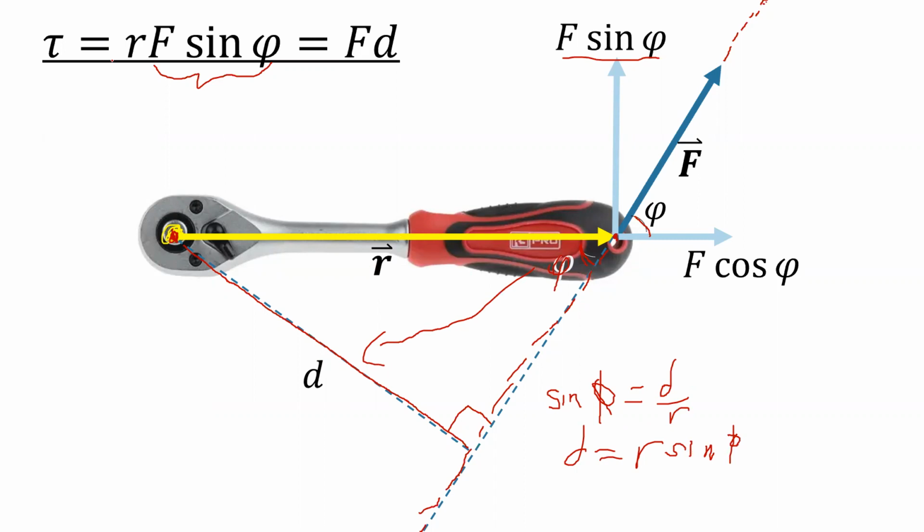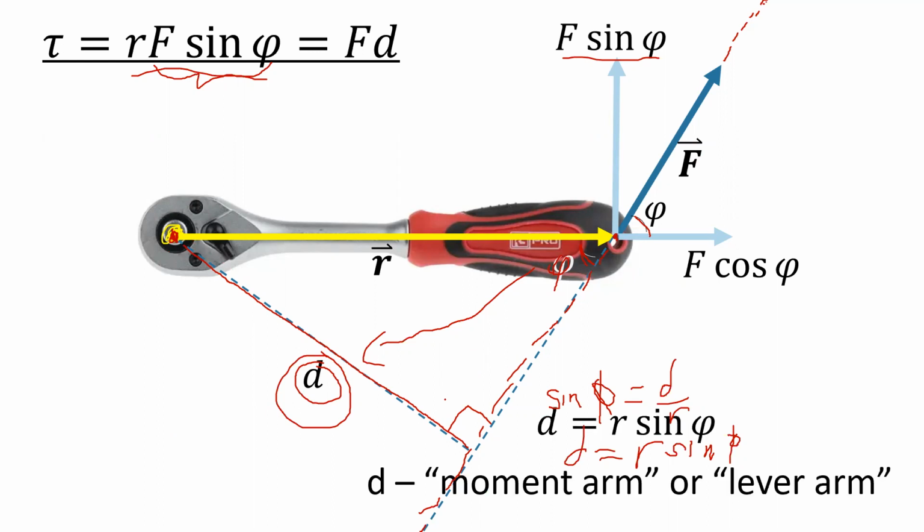So it's like going back to the first formula, R sine phi. That's one way to solve for the torque. You first figure out what the line of action of the force is and get that moment arm, which is perpendicular to the line of action of force, and use trigonometry to solve for the value of D.